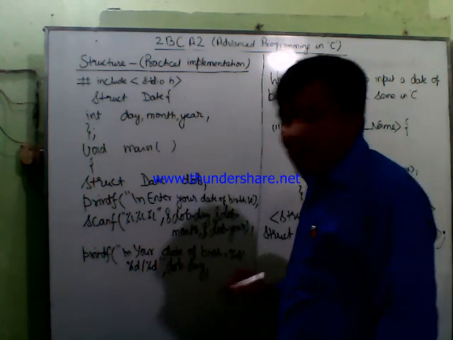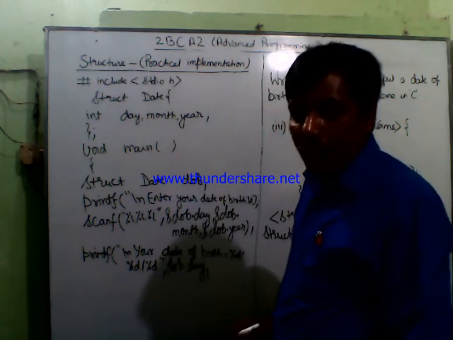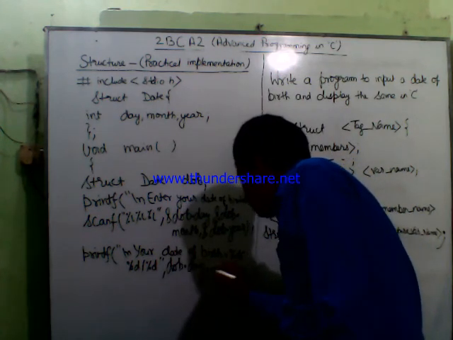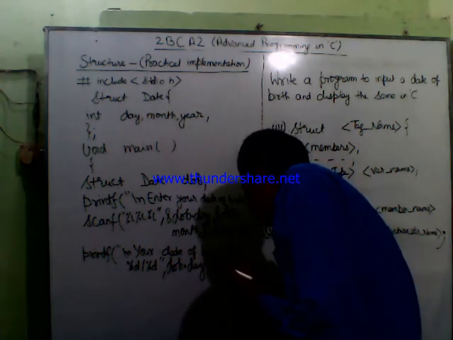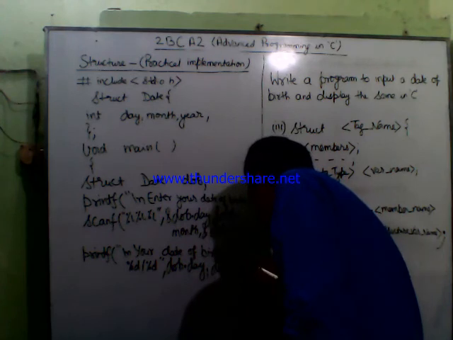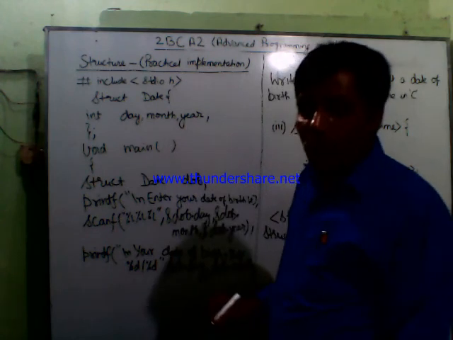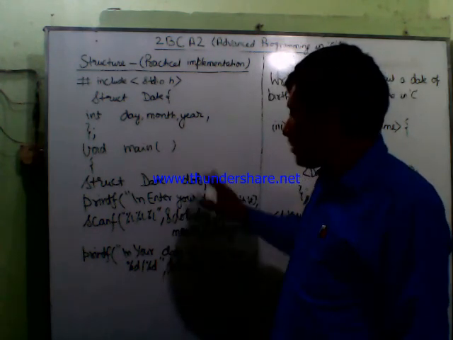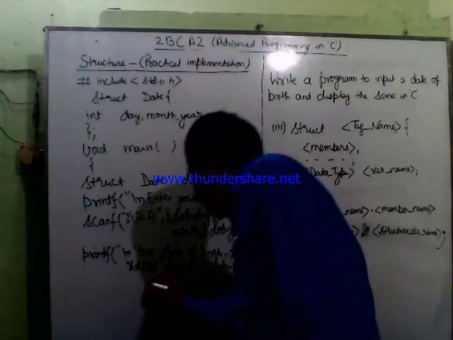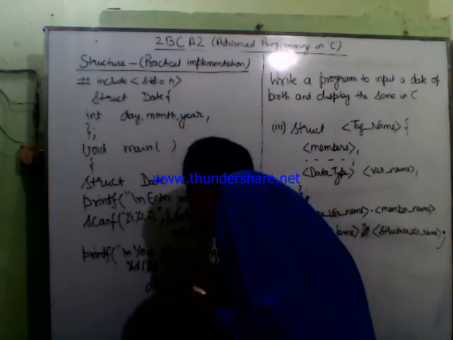Next value will be displayed as month of the date of birth, and this will be displayed by writing DOB.month, and thereafter the value stored in year memory that has been combined in DOB memory will be displayed on the screen, and hence I have written here DOB.year.